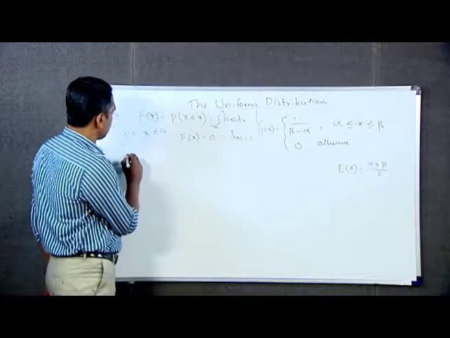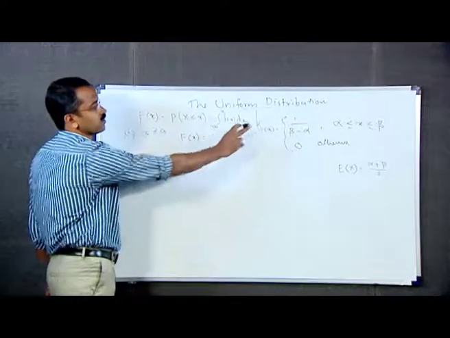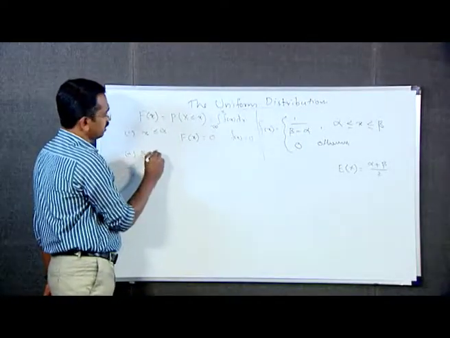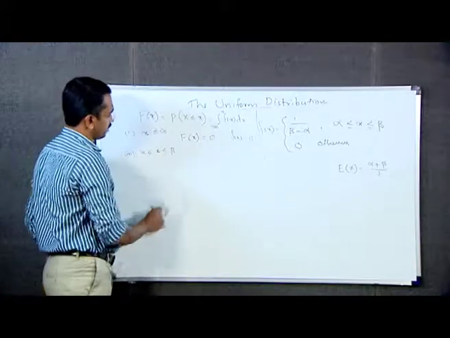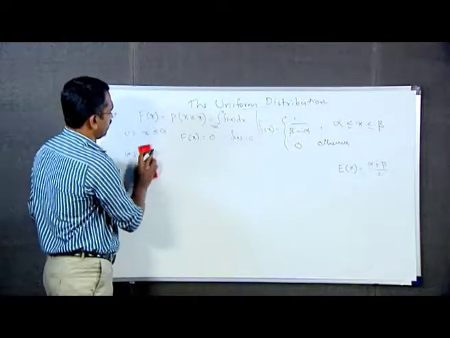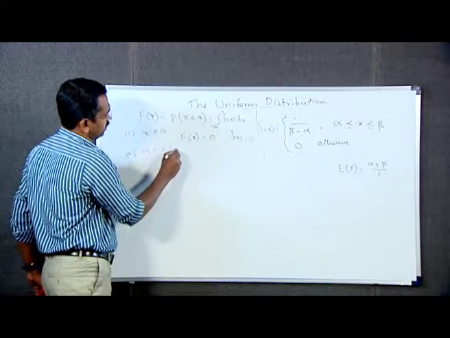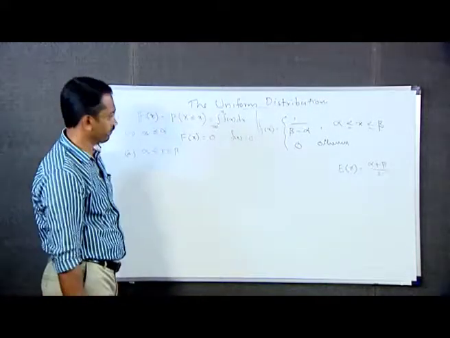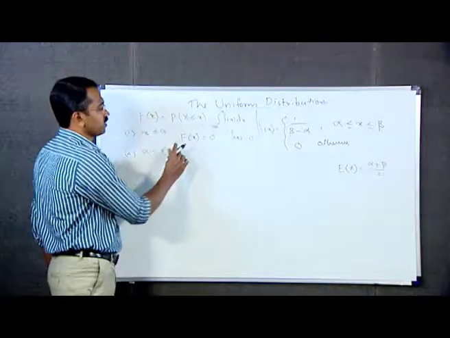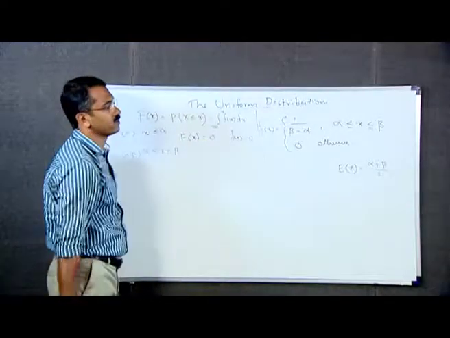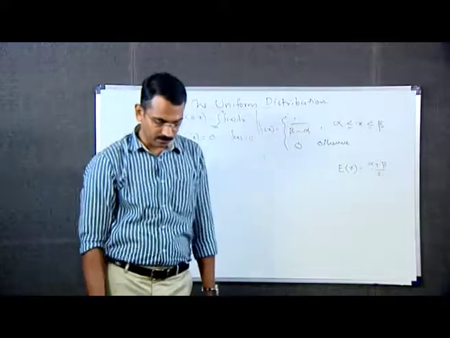Now, we consider the second case as alpha less than or equal to x less than or equal to beta, x lying between alpha and beta, including alpha and beta. In this case, the function is defined as 1 by beta minus alpha.